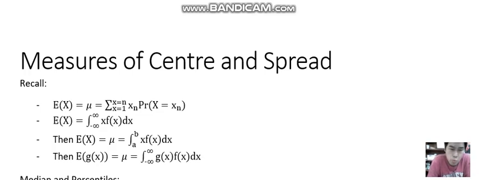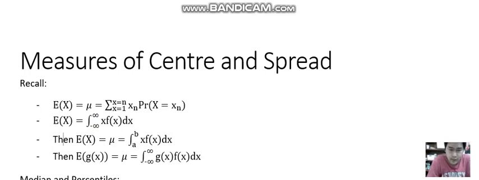For probability density functions, you're going from negative infinity to positive infinity, and everything equals 1. However, some values you can't actually get. So keep in mind that instead of minus infinity to infinity, it's a to b of x times f of x, and for the rest of the values the probability will be 0.